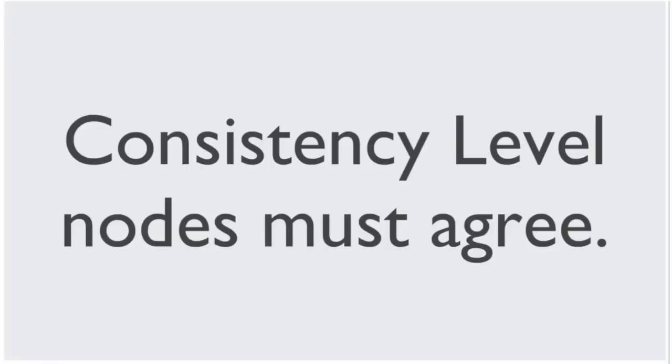So what happens if node 3 comes back online after it was down, but before all the hints have been sent over, because we don't want to overwhelm the node? How do we get a consistent read out of the cluster? We have this idea that consistency level nodes have to agree on what the value is.